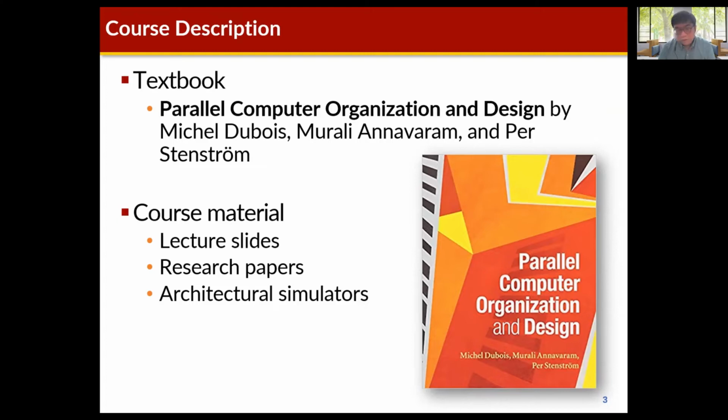Also, during the classes, I will provide the lecture slides for every class, and sometimes I will list some suggested research papers, which will be very useful for understanding some research areas and research topics in computer architecture. Also, I plan to introduce architectural simulators for the term project for this course.